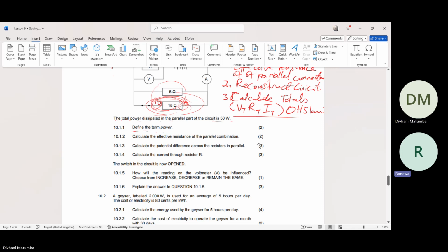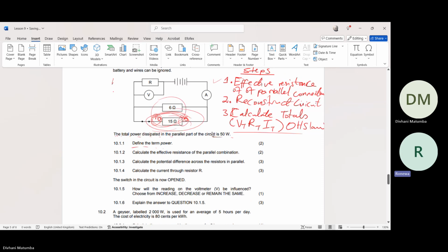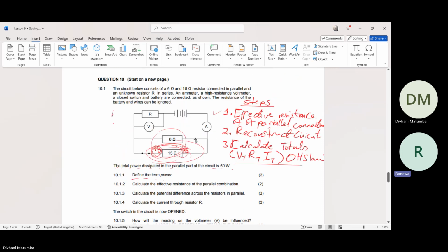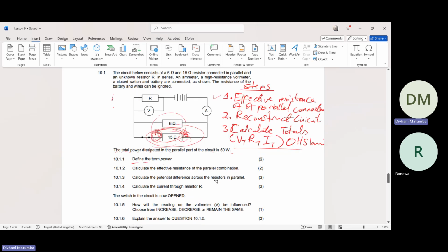Do we not bring the formula V is equals to, is it R? Okay, so saying calculate the potential difference.